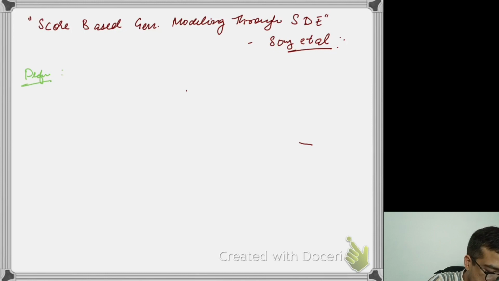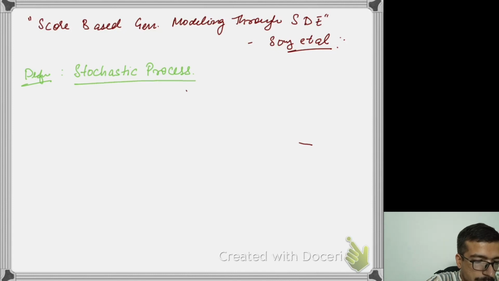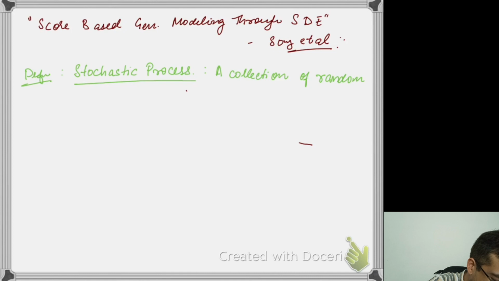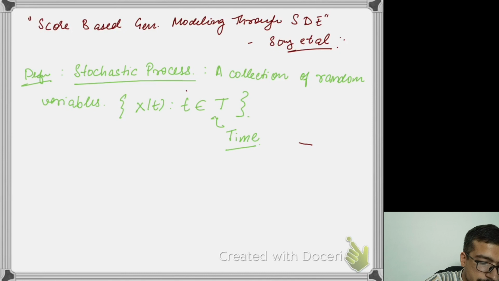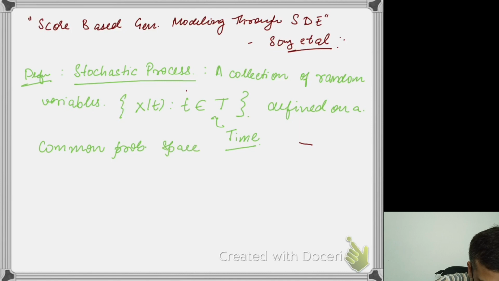So what is a stochastic process? A stochastic process is a collection of random variables indexed by time, defined on a common probability space (Omega, F, P).